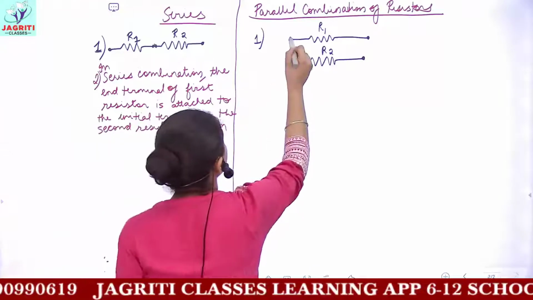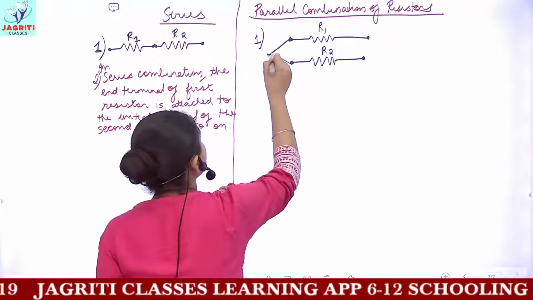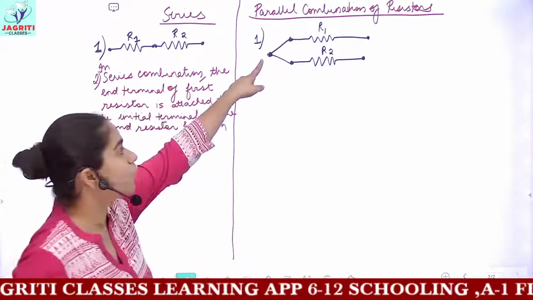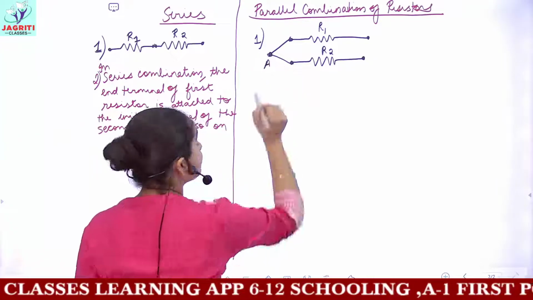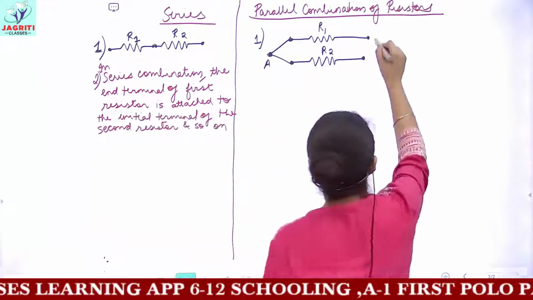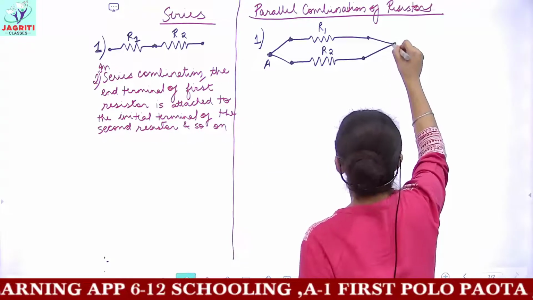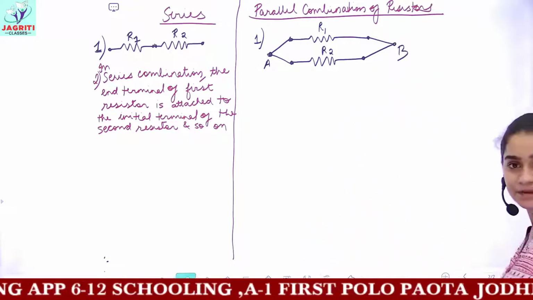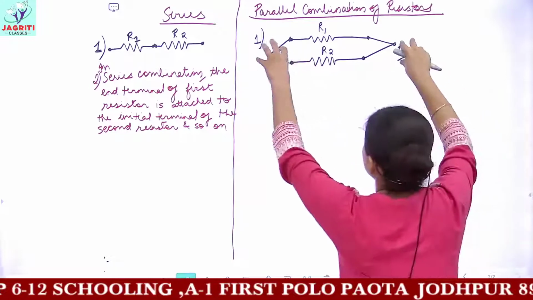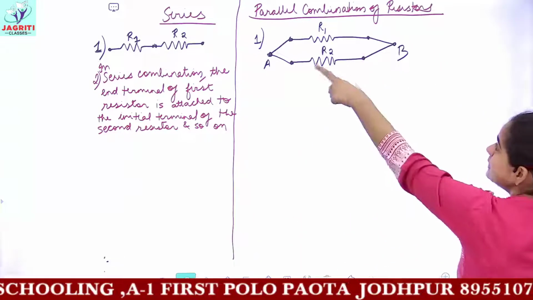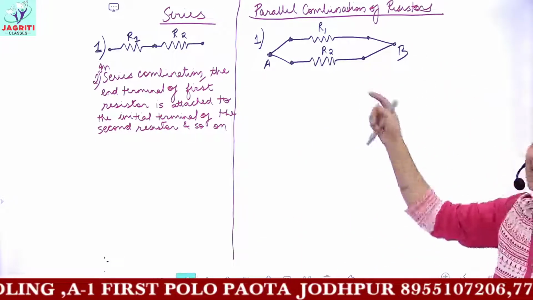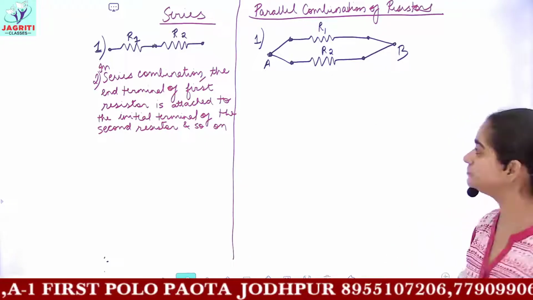Now I join all the starting terminals to a common point. Let's say this is point A, and then I join all the ending terminals to a common point B. But these points are different from each other. So this kind of combination is called parallel combination.